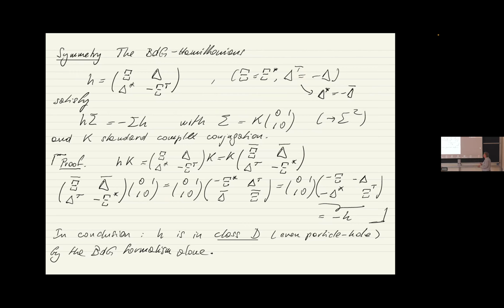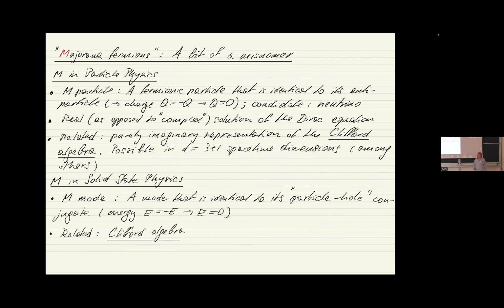It just comes from the fact that you have a second quantized Hamiltonian that is bilinear in creation and annihilation operators. That gives that symmetry in the Bogoliubov form. Nevertheless, topological consequences from that are there, as we shall now see slowly.